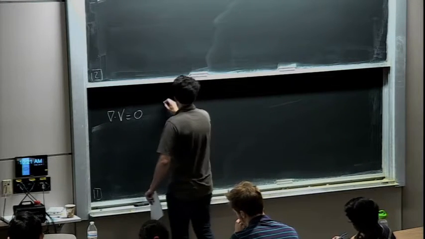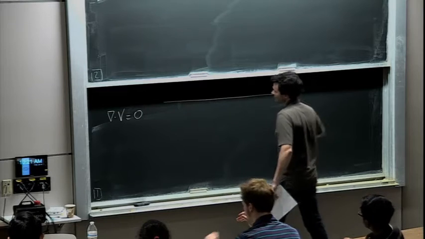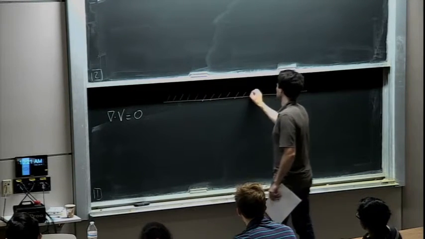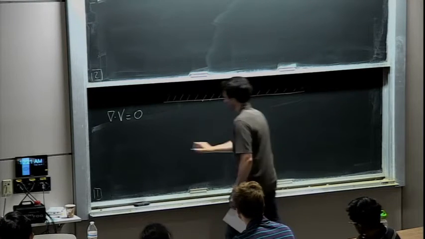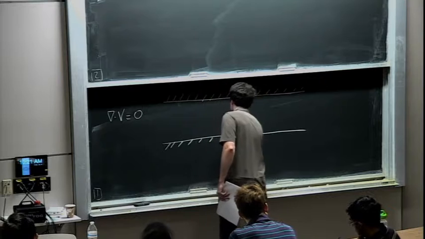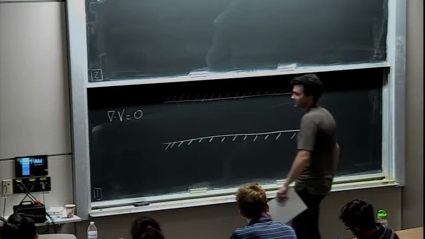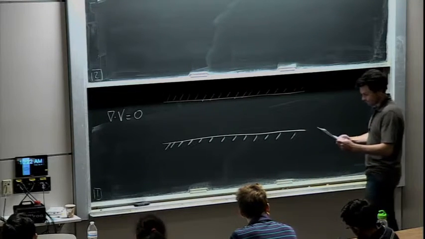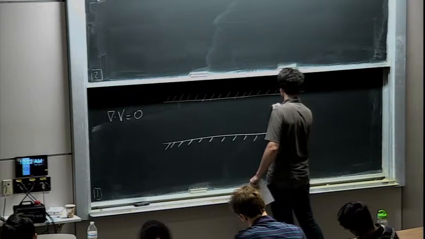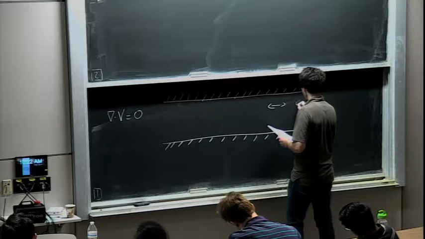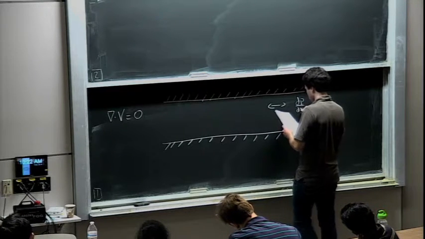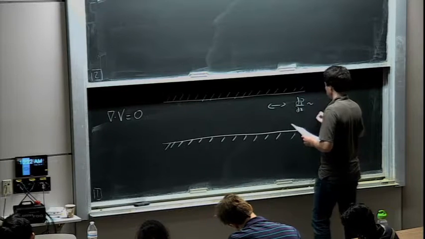Then the problem I want to consider is a flow between two parallel plates. We have two parallel plates, and we're going to apply a pressure gradient which is oscillatory.